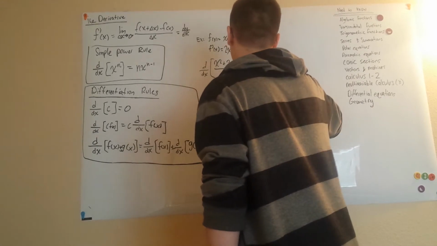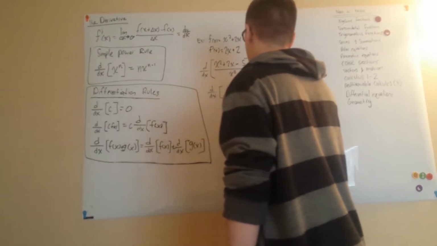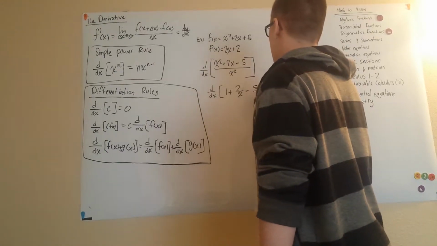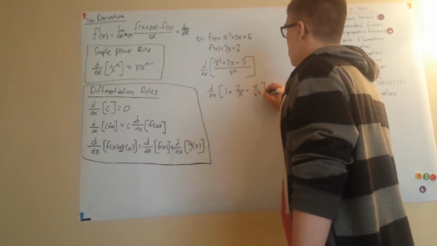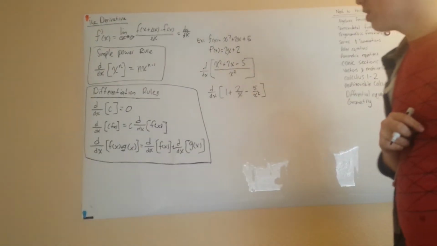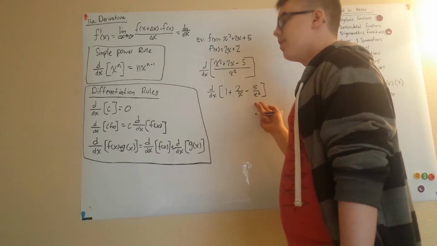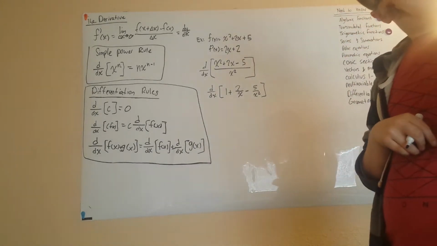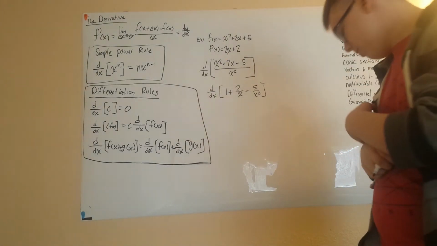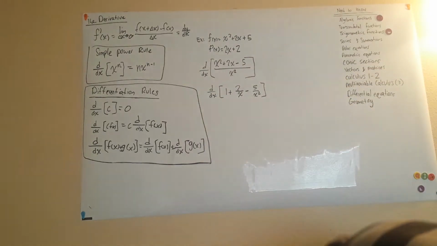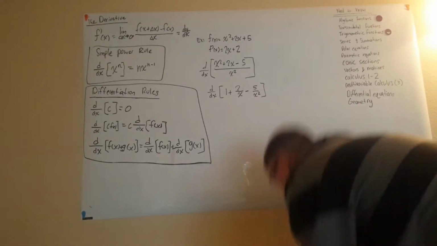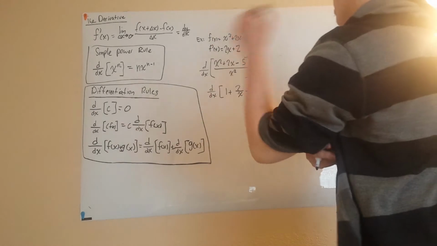Whoa, this simplifies to 2 over x plus. Wait a second. There's something wrong with that.